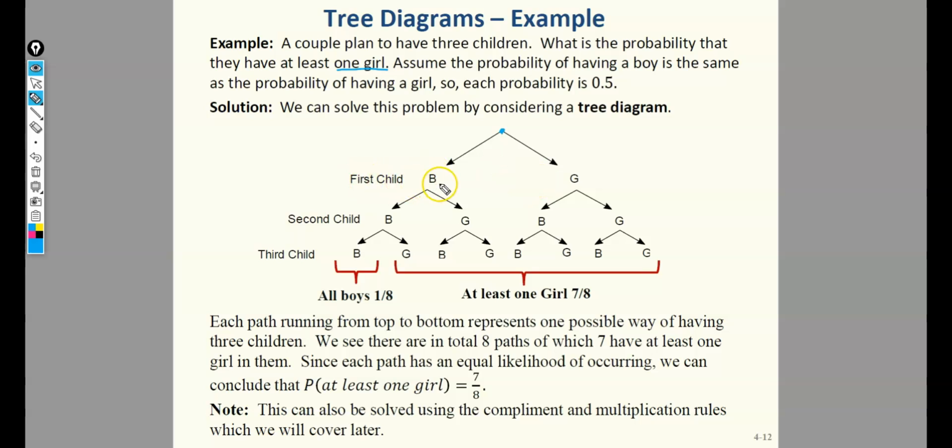Now after they have their first child, if they had a boy, they can then have a boy or a girl for the second child. And once they have the second child, they can then have either a boy or a girl for the third child. So each path in this tree diagram running from top to bottom represents one possible outcome.